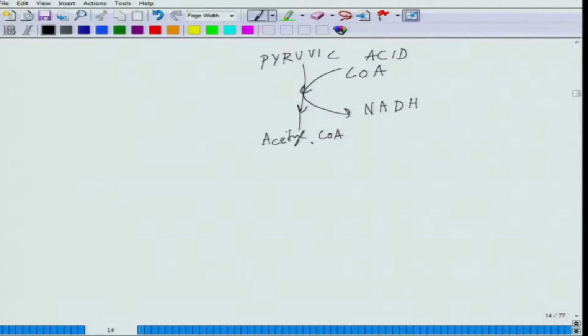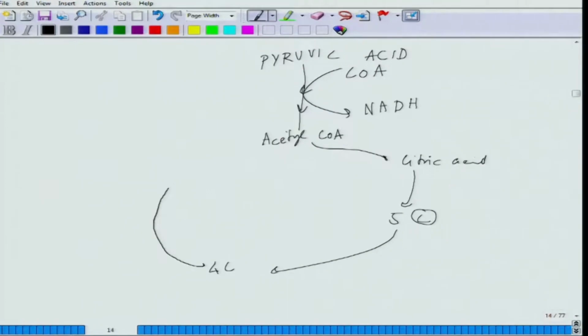This acetyl CoA forms citric acid, then it forms a 5-carbon structure, and then a 4-carbon structure. Then that 4-carbon structure eventually becomes acetyl coenzyme, and this is all happening out here inside the mitochondria.